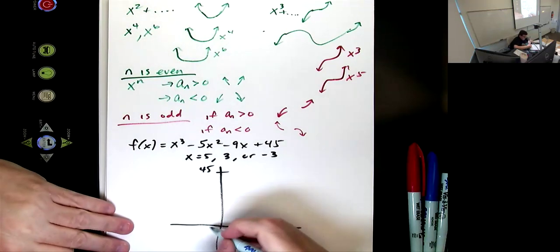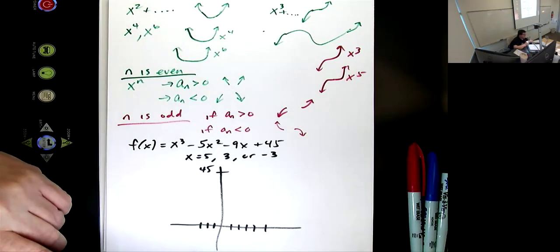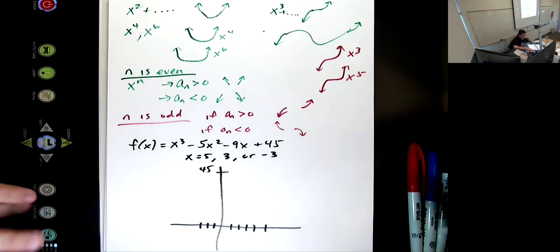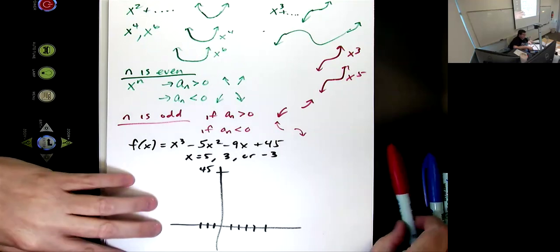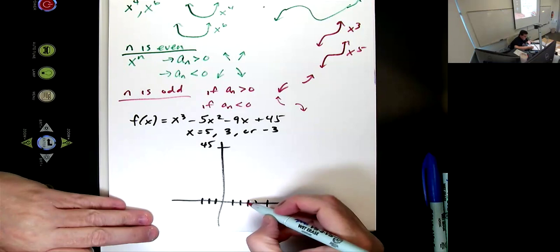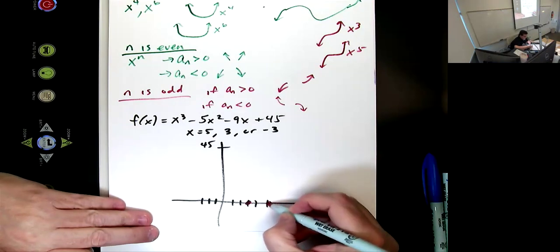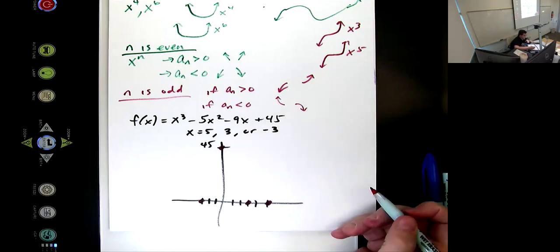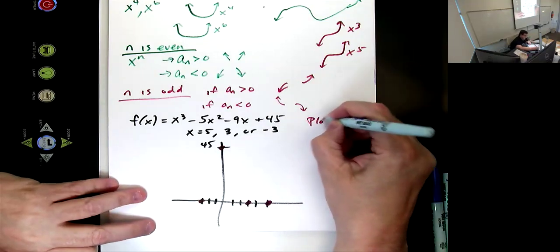Without knowing where the turning points are, this is how you would sketch it with what you've got. Step 1: plot the intercepts.